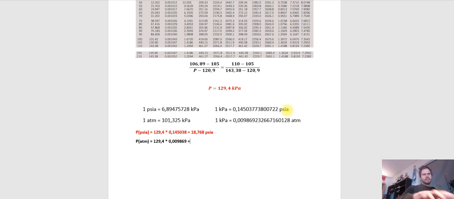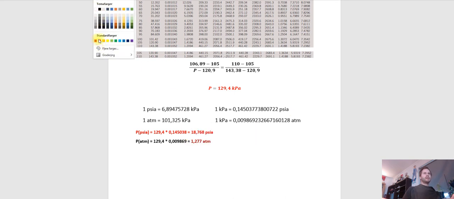Let's say that 100.4 times 0.00989. The answer is 1.277 ATM. And here that is the answer on this problem.